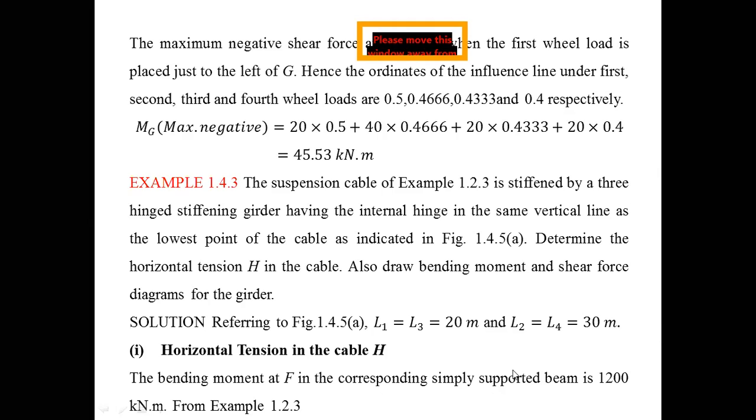Draw the simply supported beam, identify where the 120 kN is, and find the reactions, and I want to find the bending moment at F. What is the problem? Find the reactions and take the moment at F. Are you getting 1200? Students?